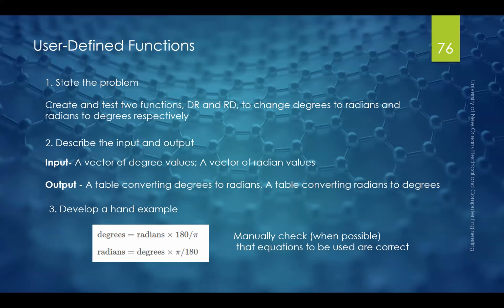Another thing also, remember, is that you want to choose names for a function that are meaningful to you or to the user who's going to be applying this. So in this case, maybe dr and rd are not the best names to define these functions, but they're short, and they help in the example to keep it short at the same time.